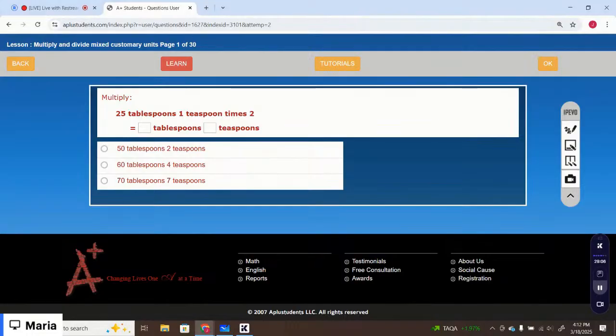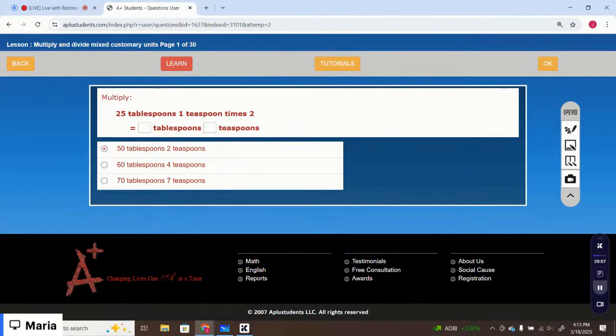So you have to multiply the tablespoons and teaspoons. 25 times 2 is 50, and 1 teaspoon.